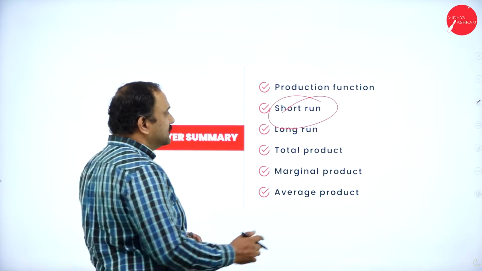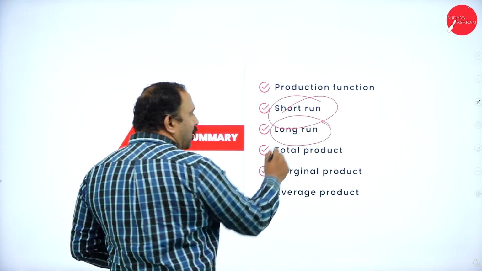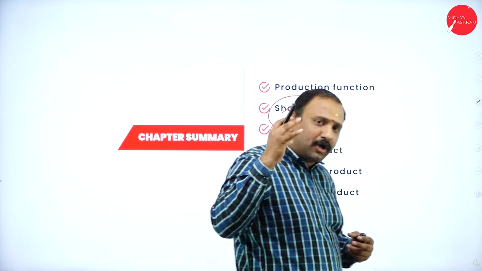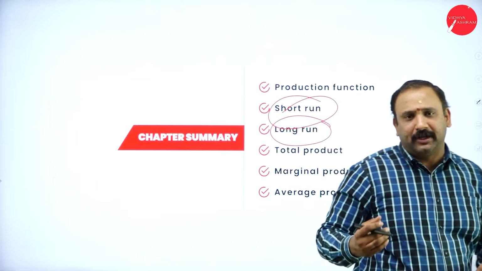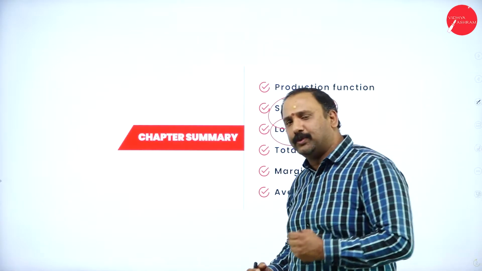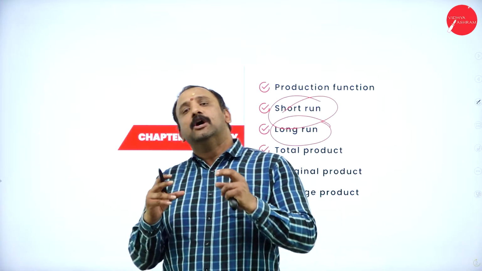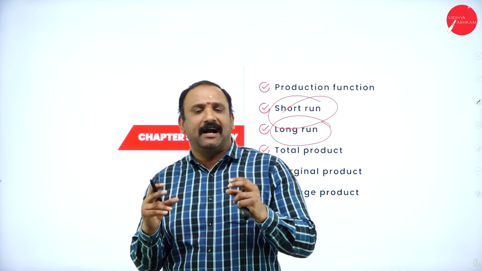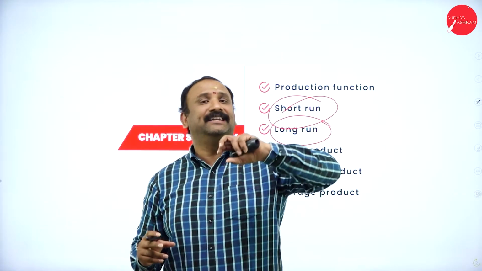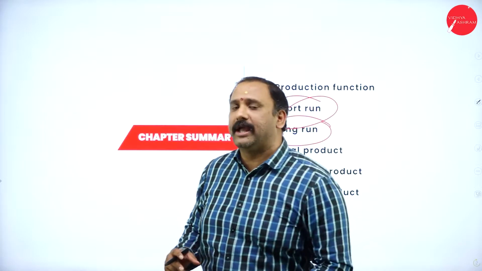The next one is called the long run. In contrary to that of the short run, the long run is something where you would see that the variables of the production factors can be varied, can be altered altogether. Why?